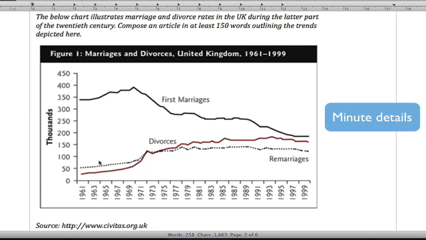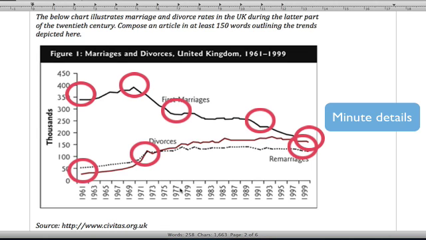Of course, we are not going to share specific figures for every single year across every single trend. So as I said, minute details are shared at points where the trend evolves. So in other words, points of change. These points of change are like little signposts.